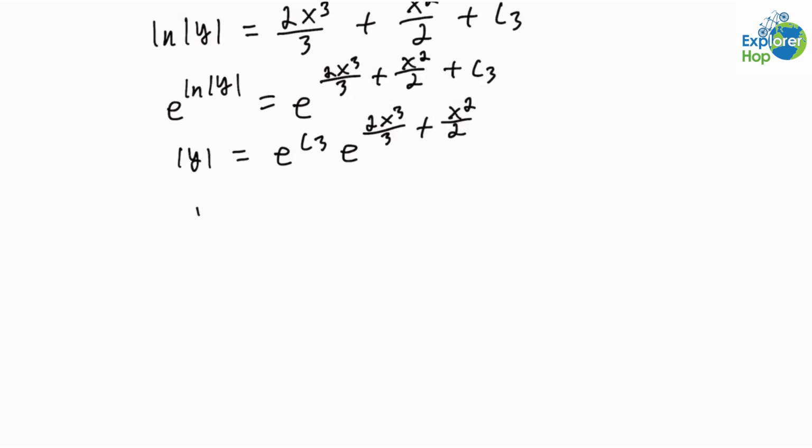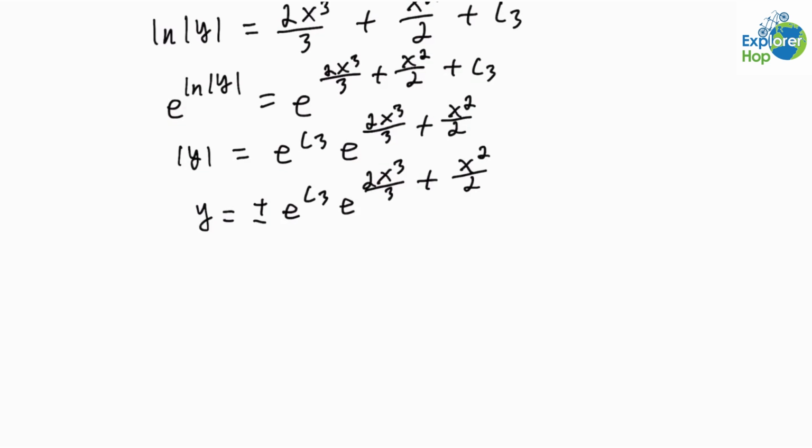So y is equal to plus or minus e to the power of c3 times e to the power of 2x cubed over 3 plus x squared over 2. And plus or minus e to the power of c3 is just another constant, so we can replace that with c.